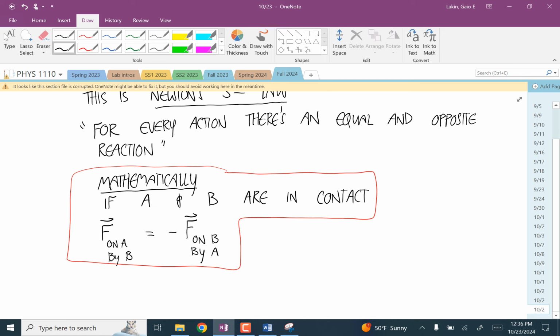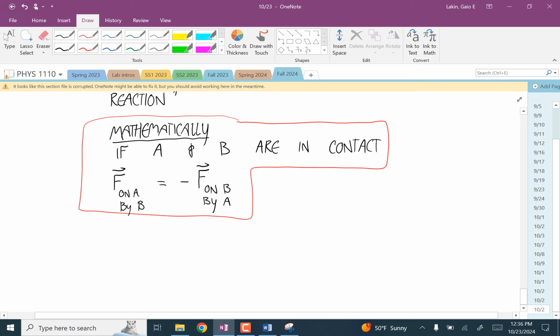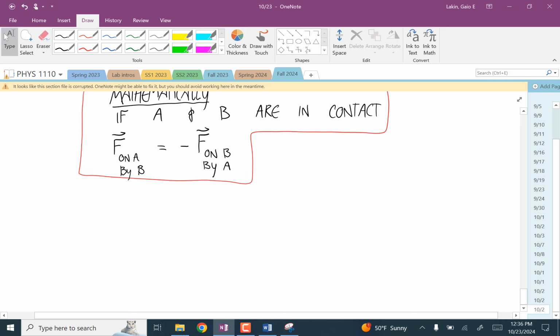So let's think about a couple of cases where this sort of winner and loser collision idea seems very natural, and it's hard to wrap your head around how this works. So think of a baseball being hit by a bat.